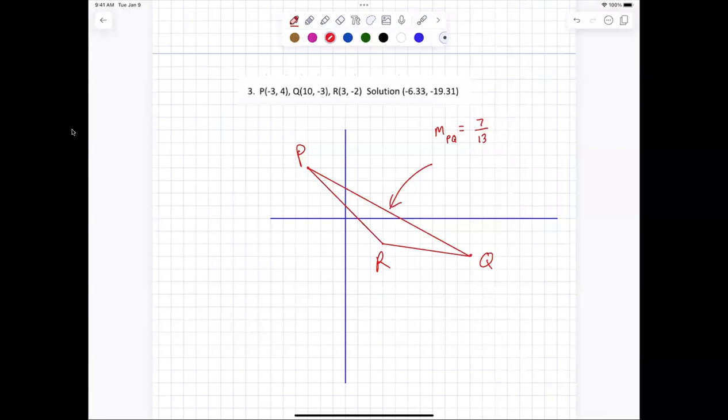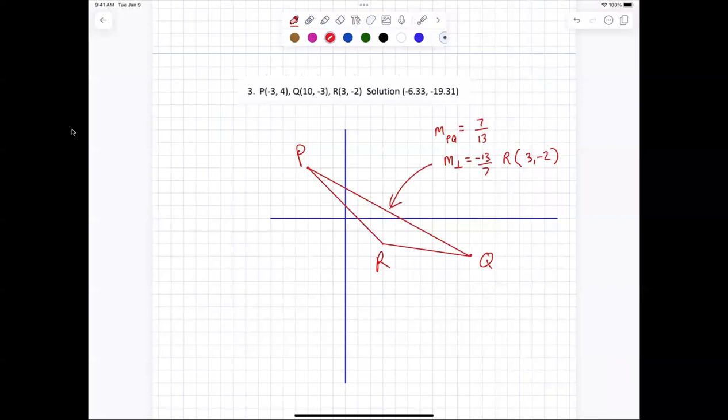So then the slope of the perpendicular would be what? -13/7. And I want it to pass through R. The orthocenter passes through the vertex. So what is R? The coordinate of R is 3, -2.